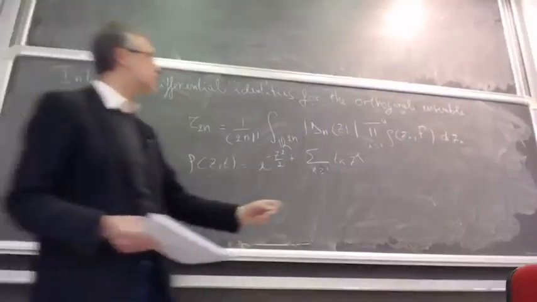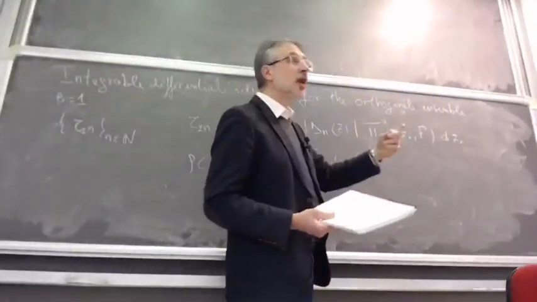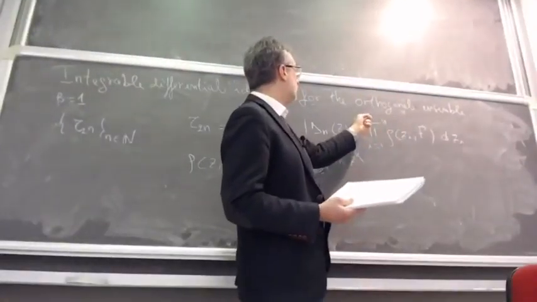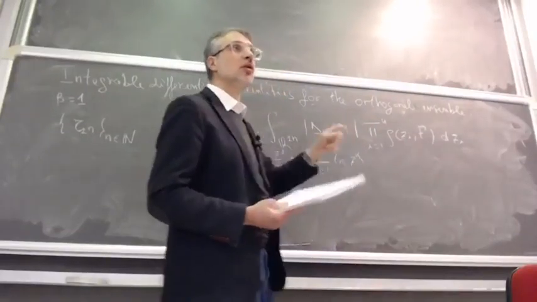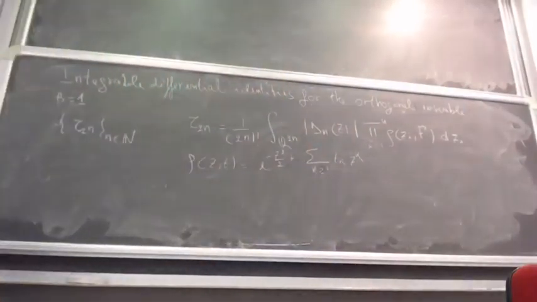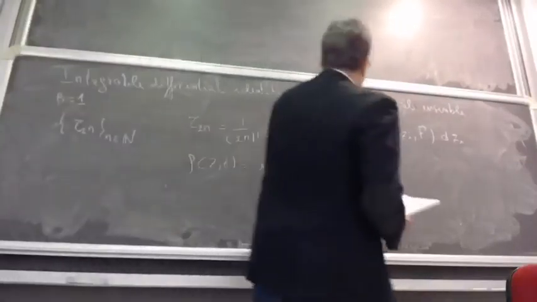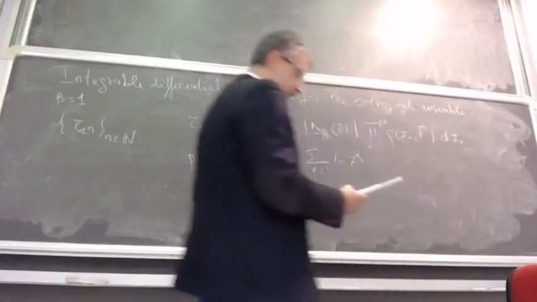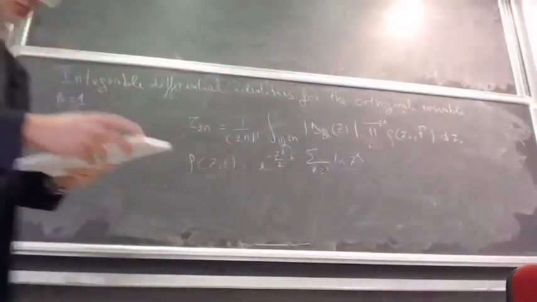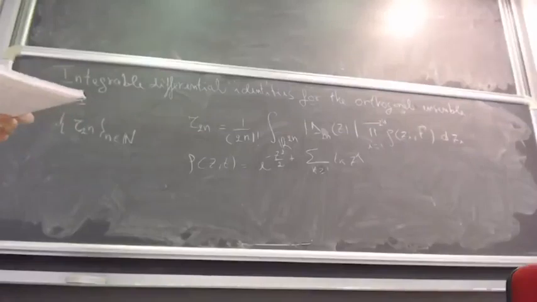The only difference that turns out to be relevant is that we don't have the square of the Vandermonde determinant, we just have the modulus of the Vandermonde determinant, to the power 1. Oh, yes, that's right, thank you. And also here, 2n, z_i.